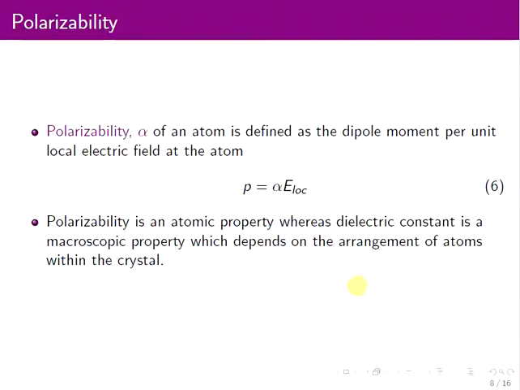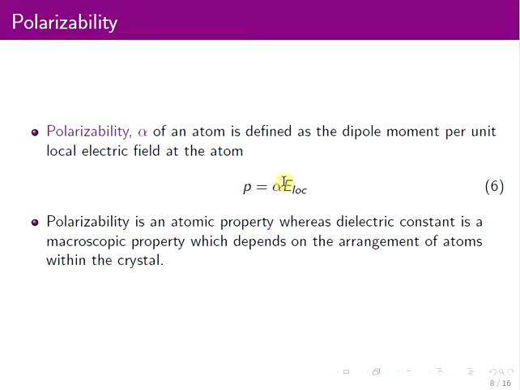So we have defined what an induced dipole moment is in the case of an atom, where the local field causes a displacement of charge inside the atom. There will be a displacement of positive and negative charges, which will cause an induced dipole moment. This induced dipole moment is proportional to the local field E local, and is equal to some proportionality constant alpha times E local.